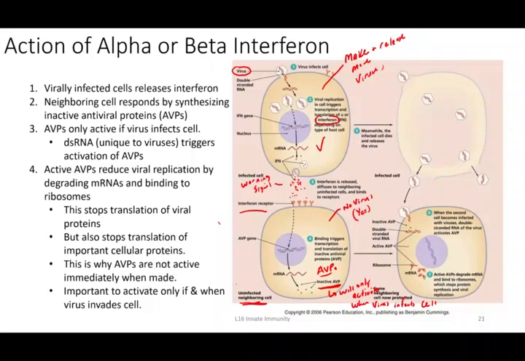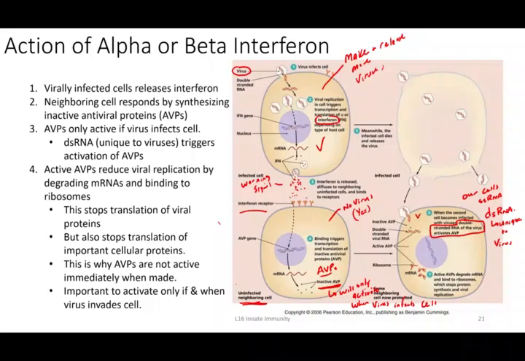And what actually is often used to activate these antiviral proteins is something that is uniquely viral, which is double-stranded RNA. So our cells, human cells and most cells, do have RNA, but they're only going to have single-stranded RNA. So double-stranded RNA is unique to viruses. And so because of that, that is a really good signal that has kind of evolved for our interferons or these antiviral proteins to respond to.